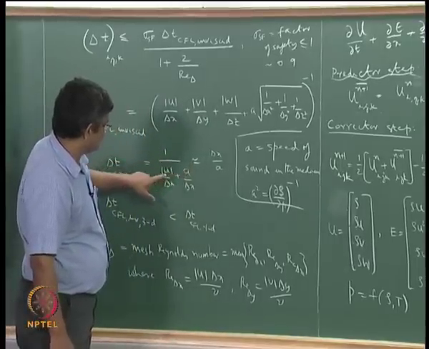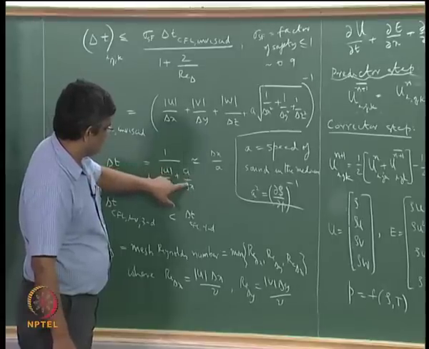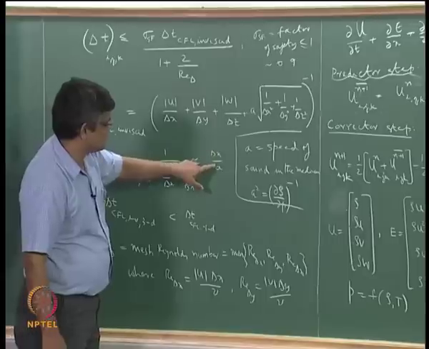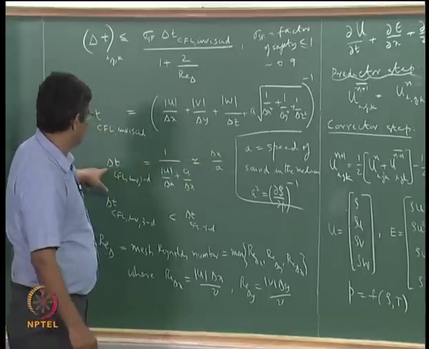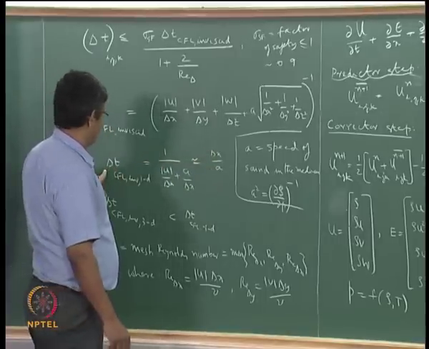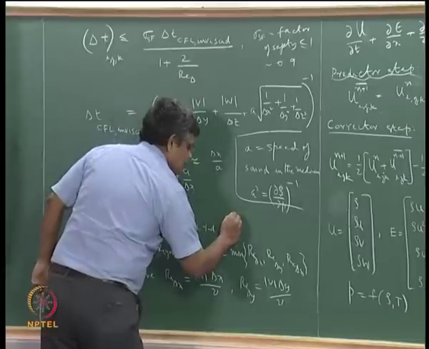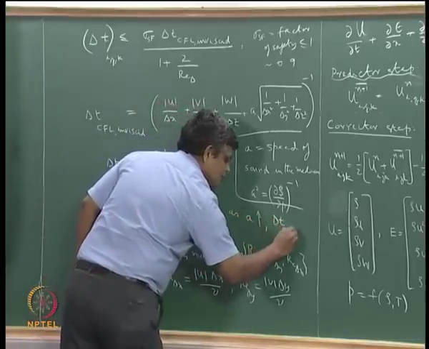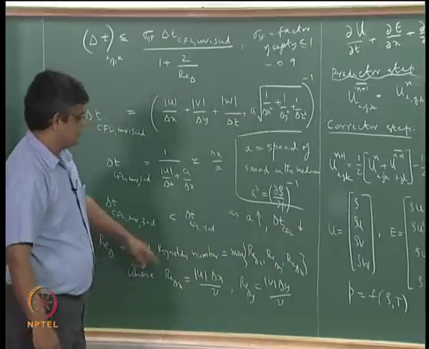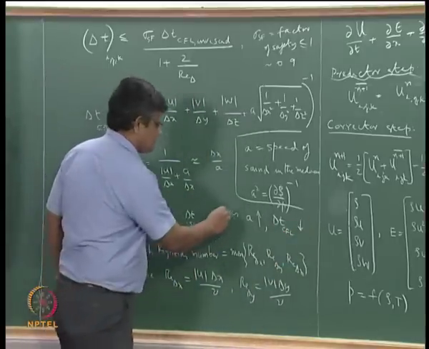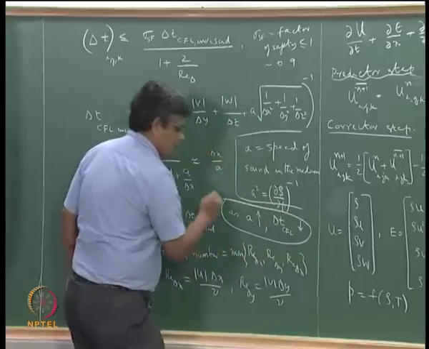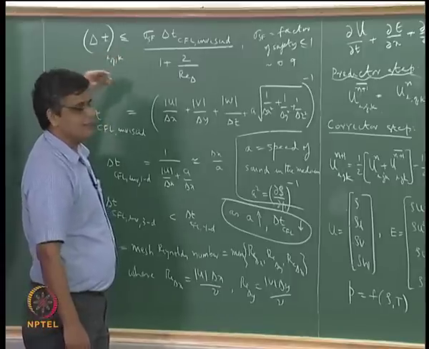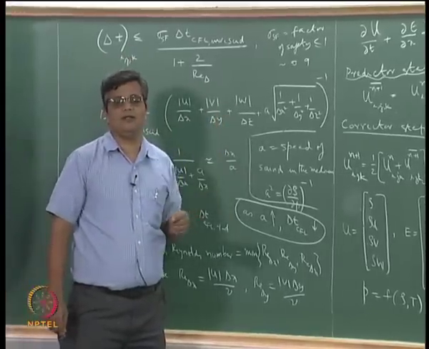So as A increases, this becomes small and this becomes large, so that effectively the delta t inviscid limit is given by delta x by A, and as A increases, delta t inviscid decreases. So as A increases, delta t CFL decreases. And as the flow becomes more incompressible, then the delta t that you can employ for this method decreases, and you can take smaller and smaller delta t's only.